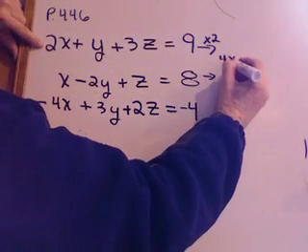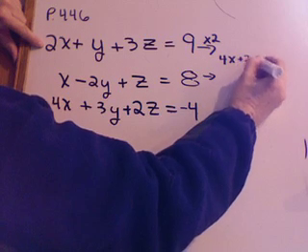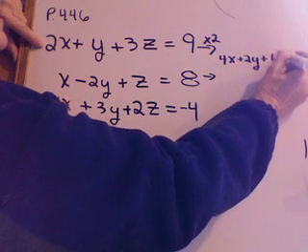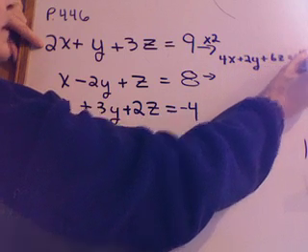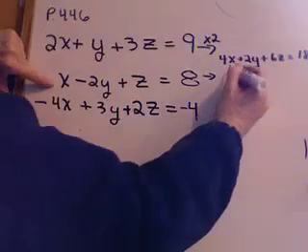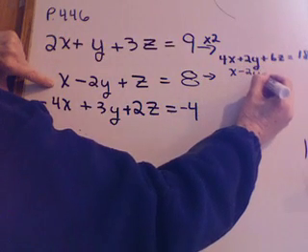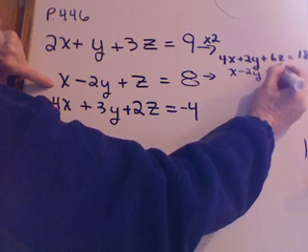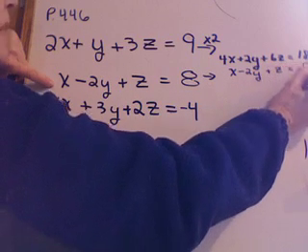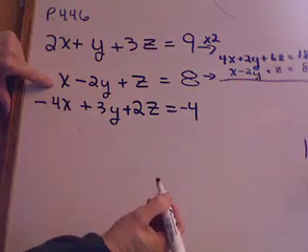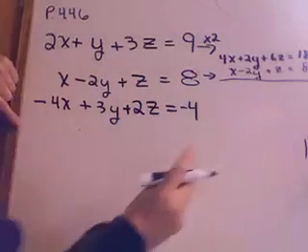So I get 4x plus 2y plus 6z equals 18. I'm not going to do anything to this one but write it underneath. X minus 2y plus z equals 8. Draw a line here, and I am going to just add the two equations together.